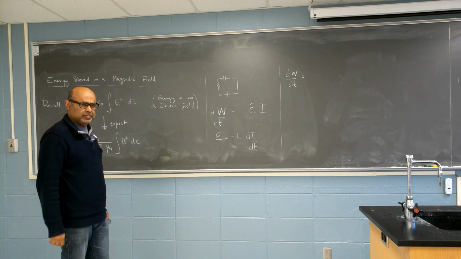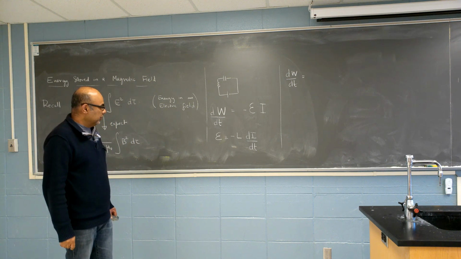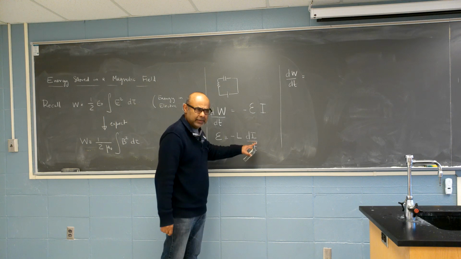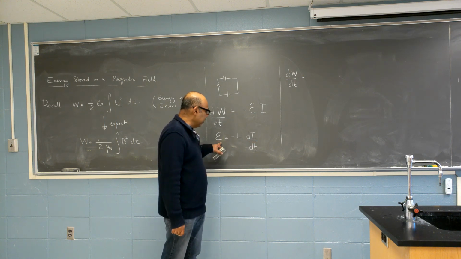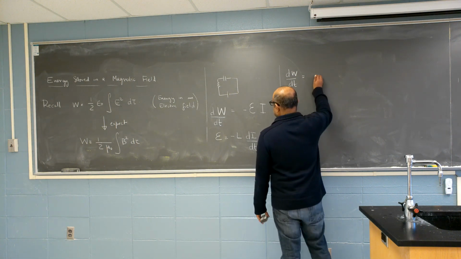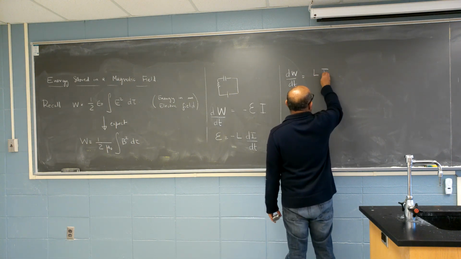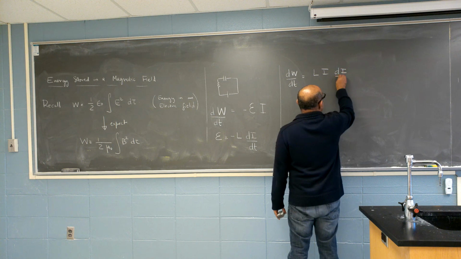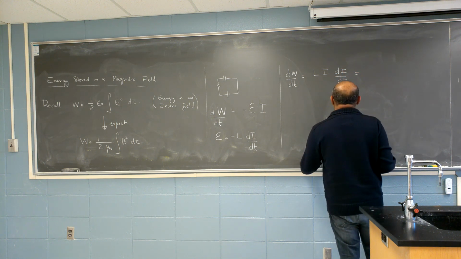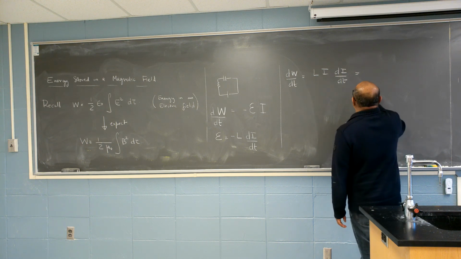It's the flux that is equal to L i, but the EMF is the rate of change of that. So then this becomes L i di dt.